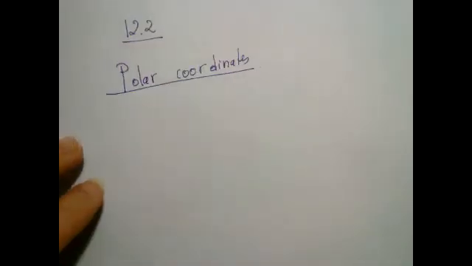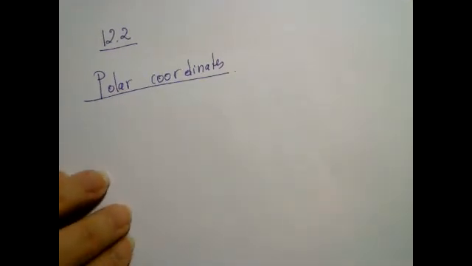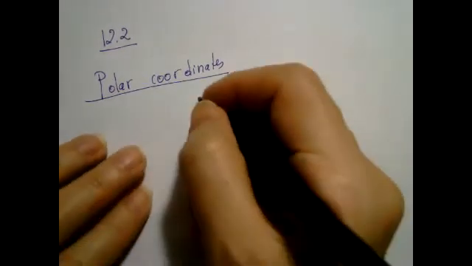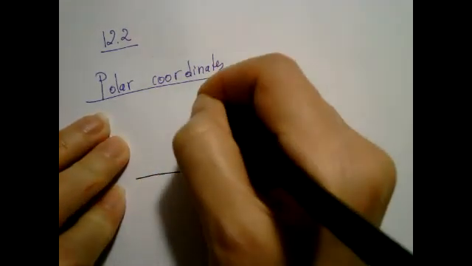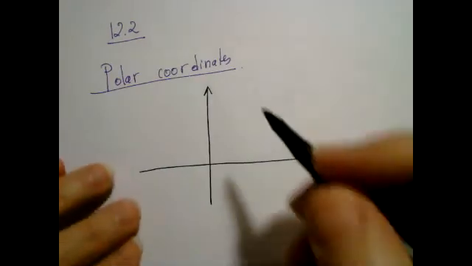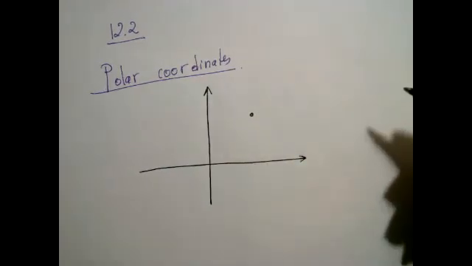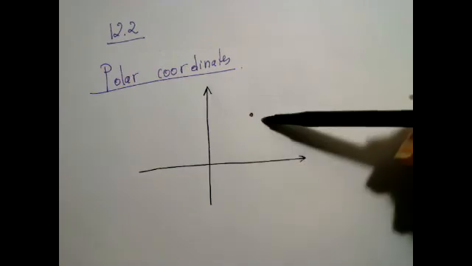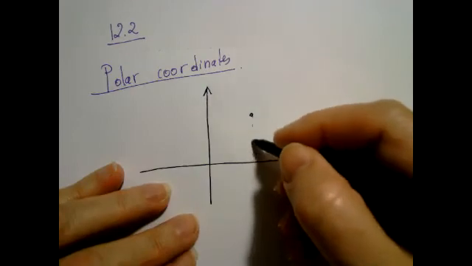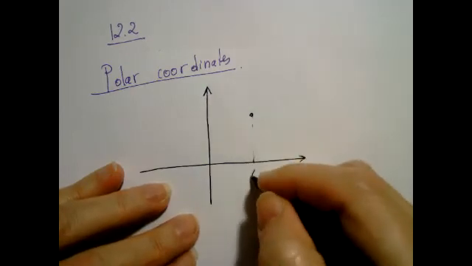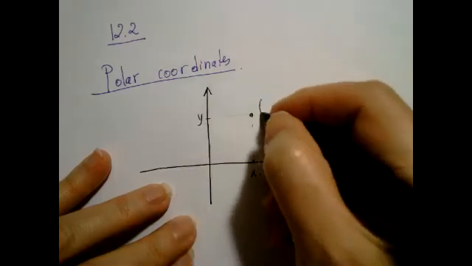Right. Okay, what's the idea here? So far, if you have a plane and we have a point in the plane, then the way I can give you the position of this point is to give you the x coordinate and the y coordinate. That's how I tell you where the point is.